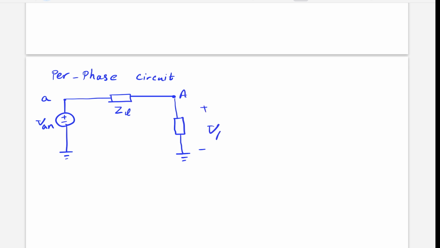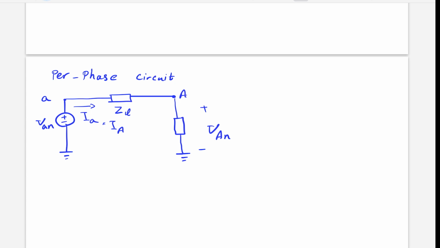This will be VAN. On the load side, we use capital letters; on the source side, lowercase letters. So this will be IA, which you can say is I in the Y to Y connection.